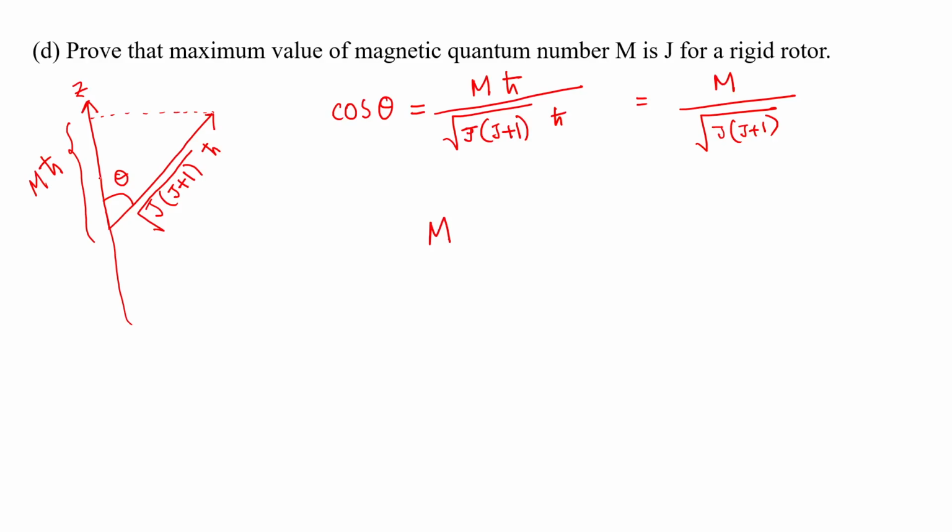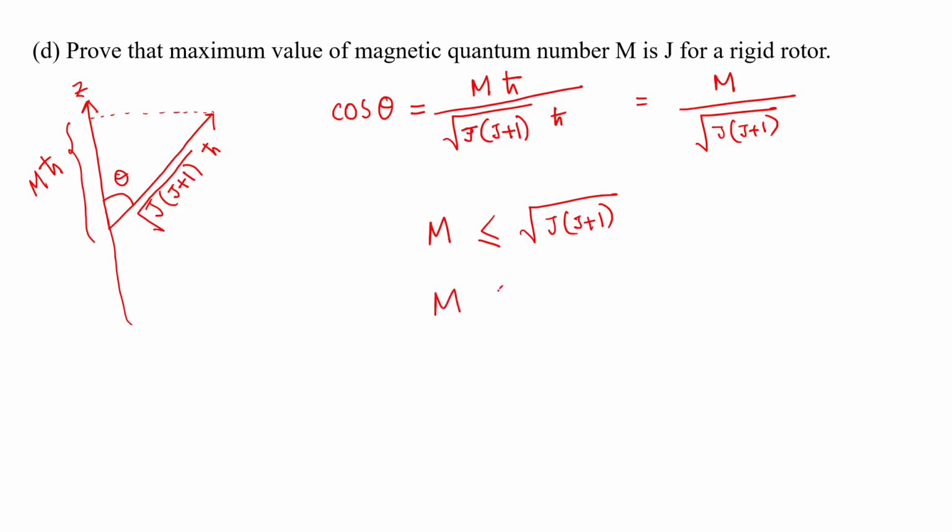And when theta has some value, then the value of cos theta is going to be less than 1. So your m is always going to be less than or equal to this, right? Do you get my point? What I'm trying to say? Only for theta equal to 0, it is going to be equal. For any other value, it is going to be less.